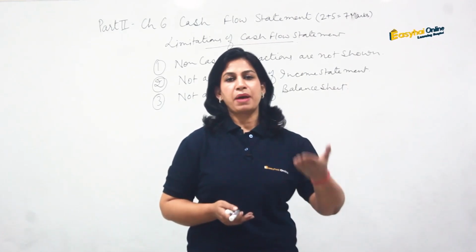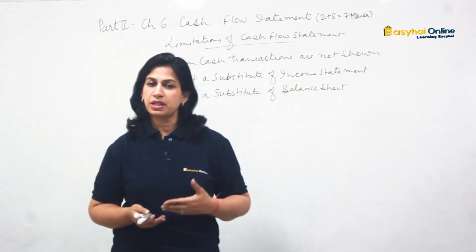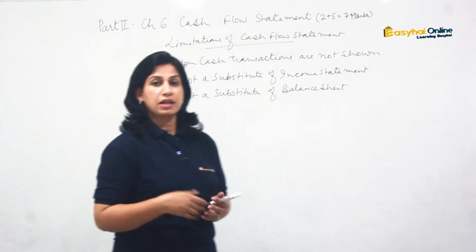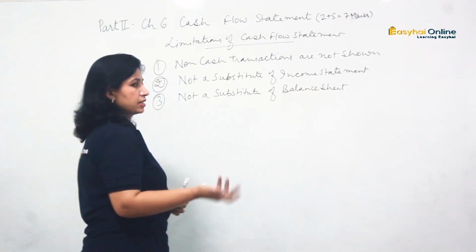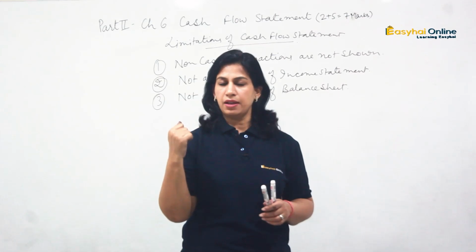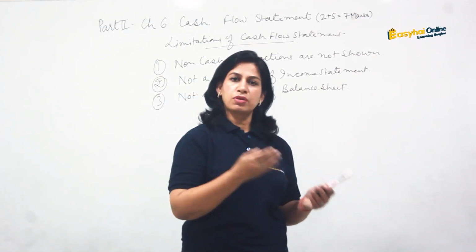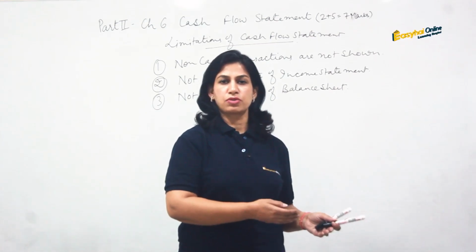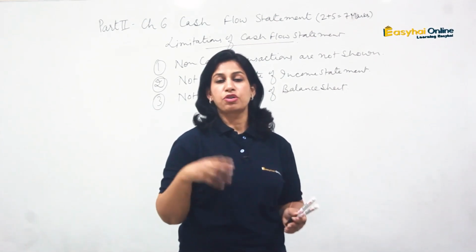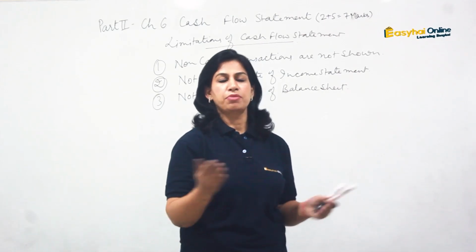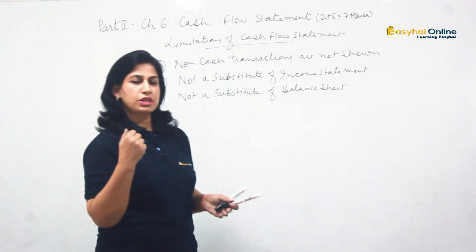So the same impact will come on cash flow statement, that it is historical in nature. It doesn't give the current value, right? That's the limitation of accounting only, that you did in your class 11th. Then in this book also, in the financial statement chapter and the analysis of financial statement chapter, it's being repeated everywhere, because wherever the data of accounting will be used, this limitation can be easily applied.